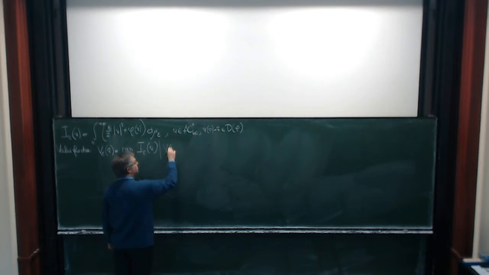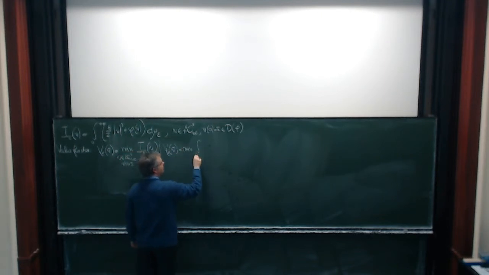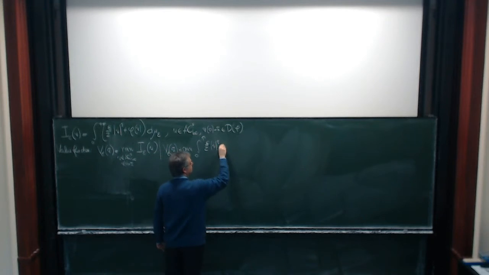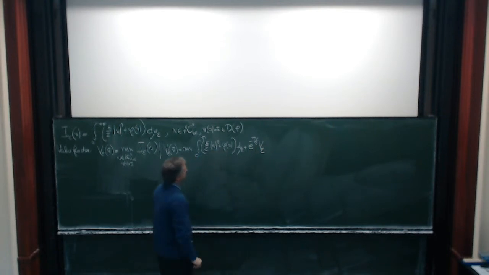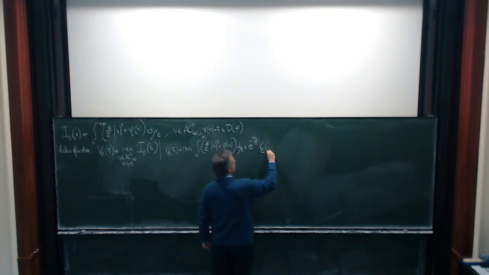So v epsilon of u bar is always the minimum of the integral from 0 to capital T of epsilon over 2 u dot square plus phi of u in mu epsilon, plus e to minus capital T over epsilon, the value of the value function at the final point of the trajectory.